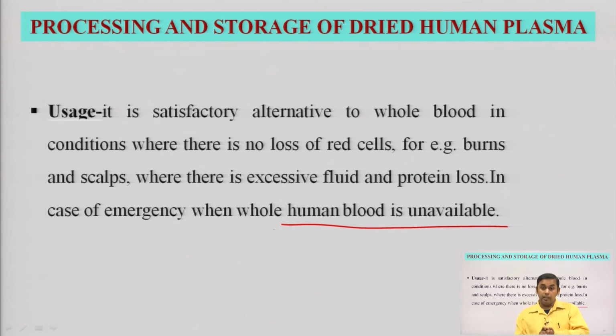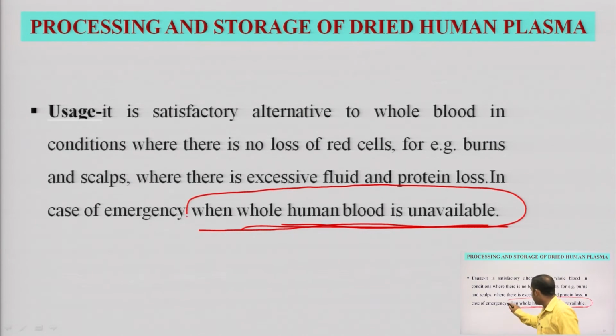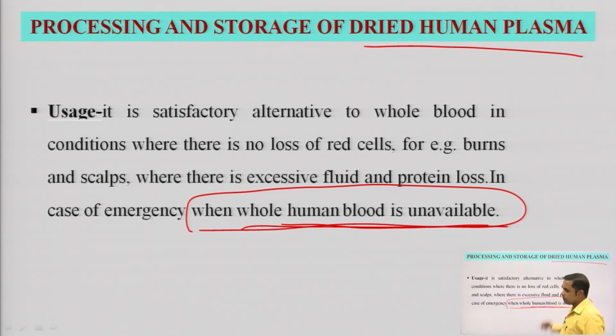But every time we are not lucky. So, in such cases where no blood is available, this technology, our dried human plasma, can be an alternative. When whole human blood is unavailable, then our dried human plasma will be a great alternative.